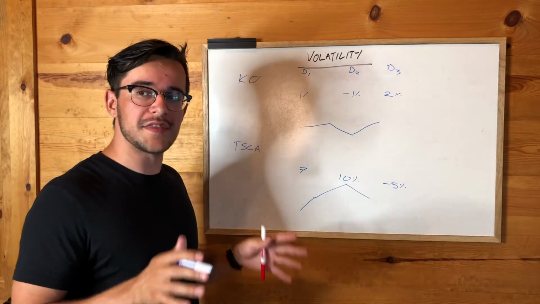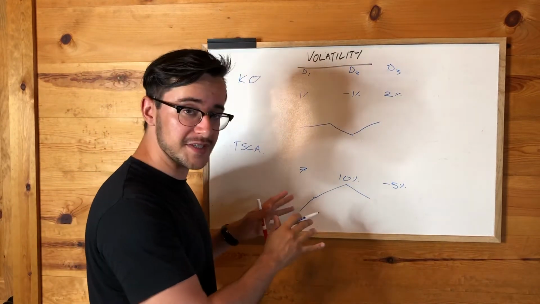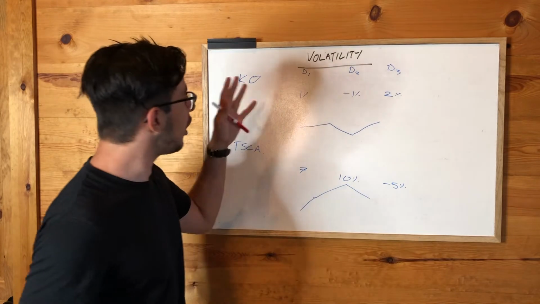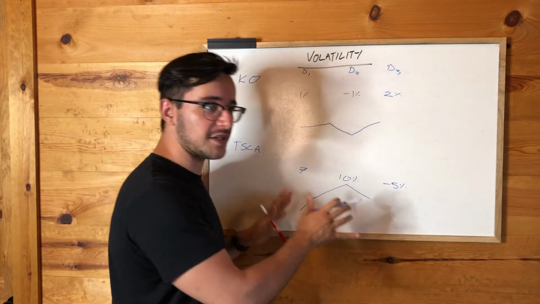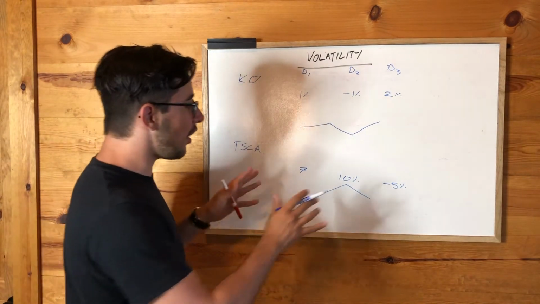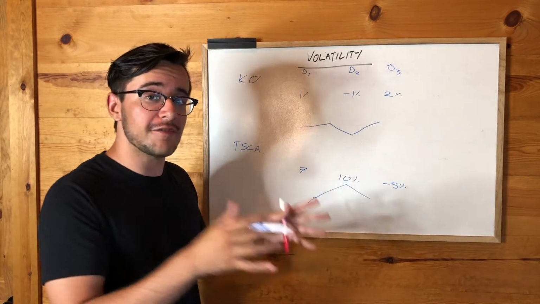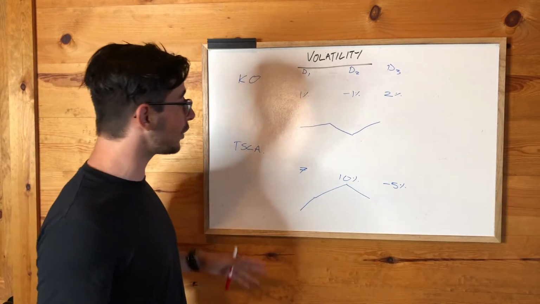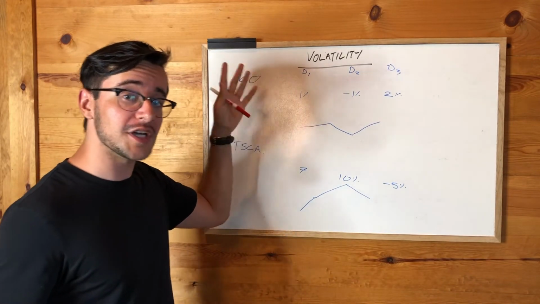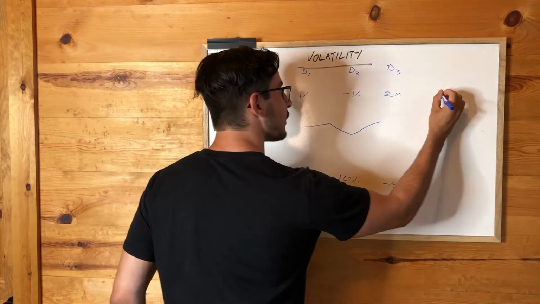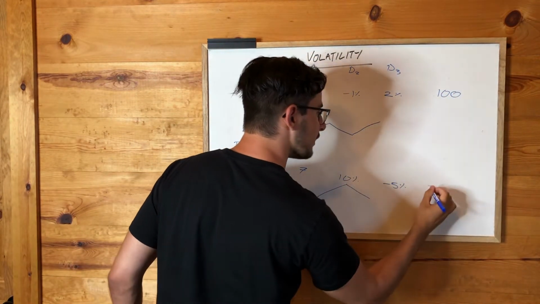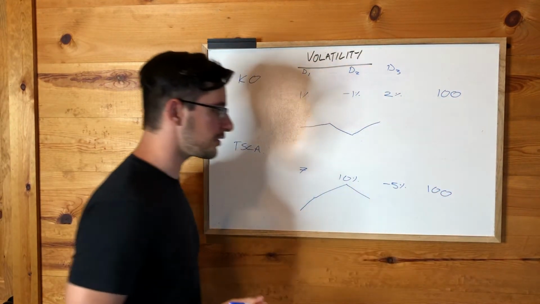The reason why the options for Tesla would be more expensive in this situation than the options for Coca-Cola is because there is more risk associated with Tesla. The odds of Tesla moving 5 or 10% a day is much greater than the odds of that happening with a company like Coca-Cola. So if we said that each of these companies were trading at $100 right now, right? Let's say they were both trading at $100.